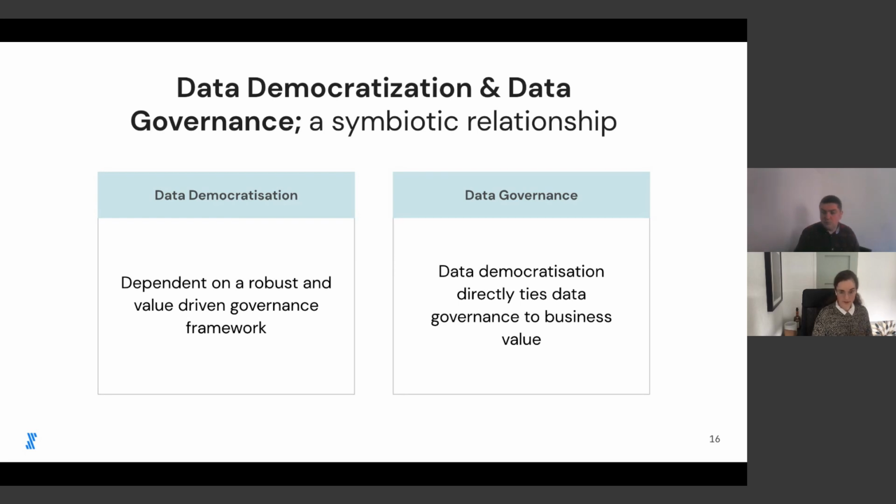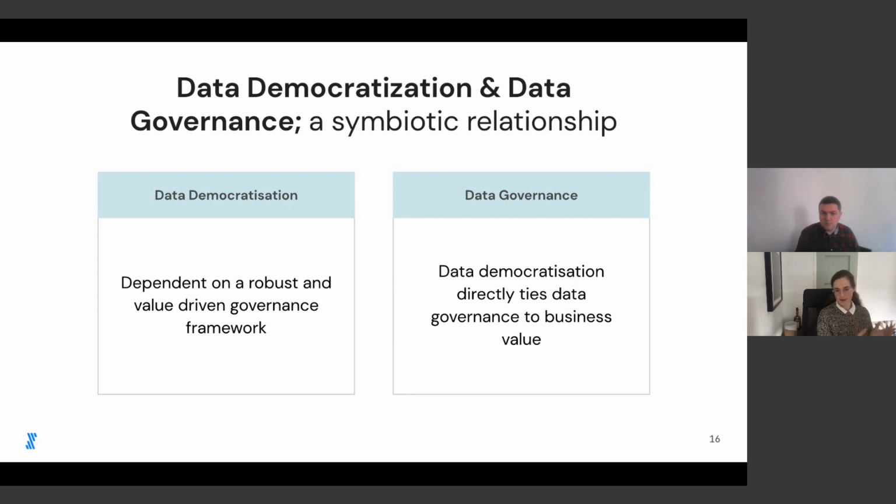But data governance, in turn, I would say does have a dependency on data democratization, because the reason that data governance is difficult to adopt, or the reason why maybe it hasn't been as invested in as it should have been in recent years, is because people have struggled to attach value to data governance.